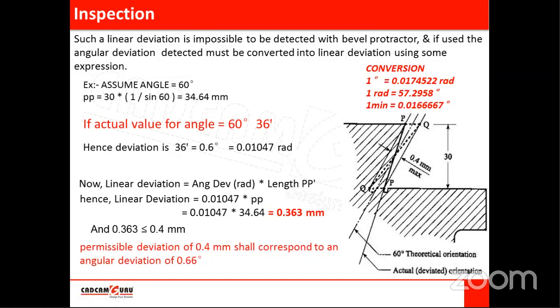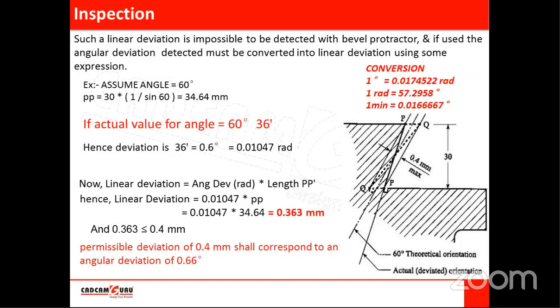Right? So again that comparison is given. You can do reverse calculations also. The permissible deviation specified in the feature control frame is 0.4 mm. So convert that 0.4 mm into angular deviation in degrees. Using the same formula, you can get that value. So the linear deviation mentioned in a feature control frame can be converted to degrees.